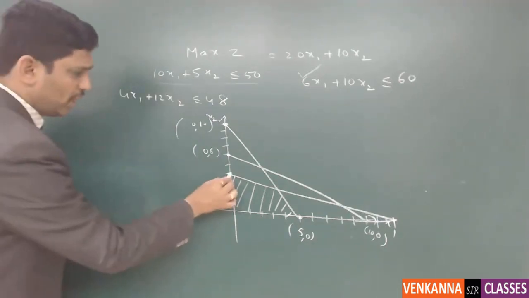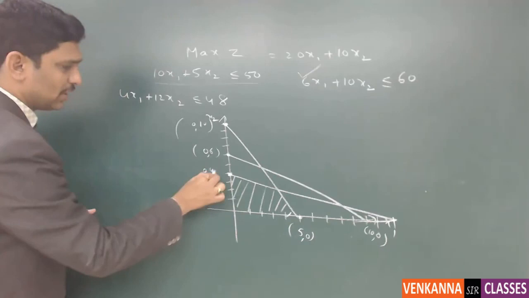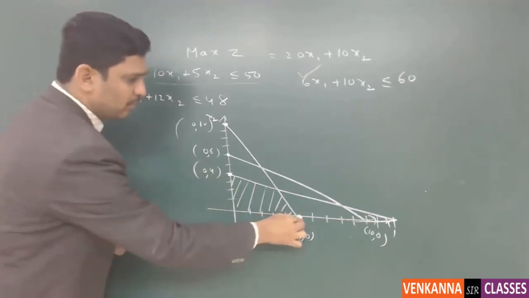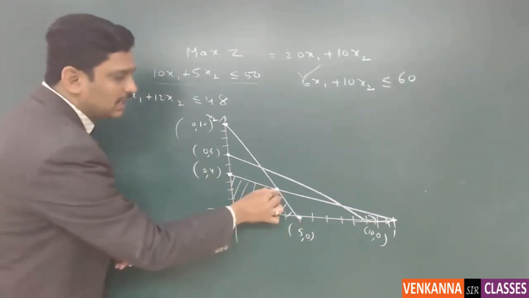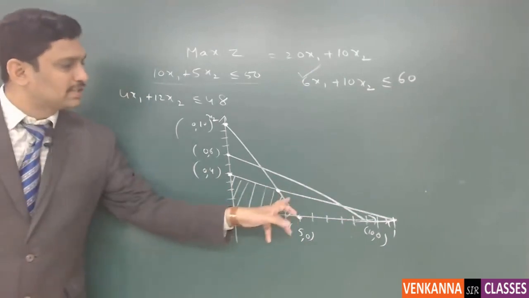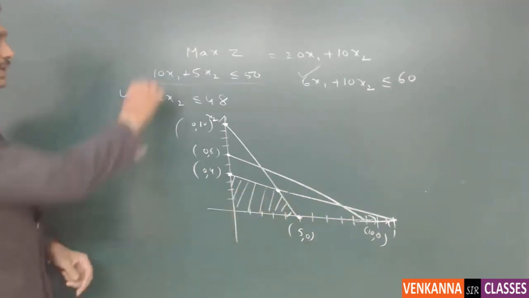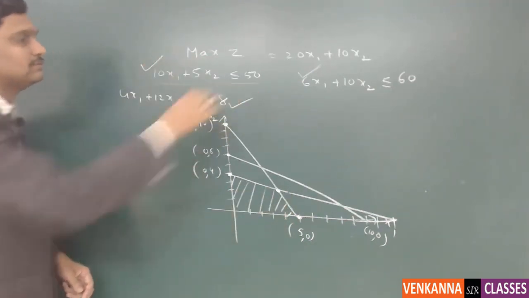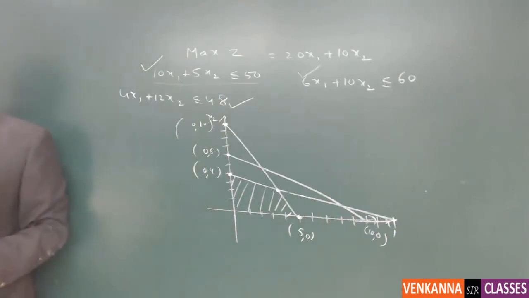So this is the point we consider, 0, 4. This is the point 5, 0. And give me the intersection of the two lines obtained by the first and the third. Are you getting the ideology? Can you give me the intersection points there?